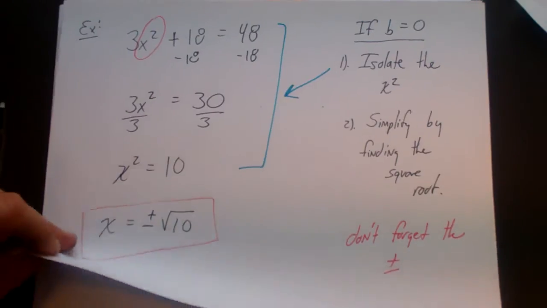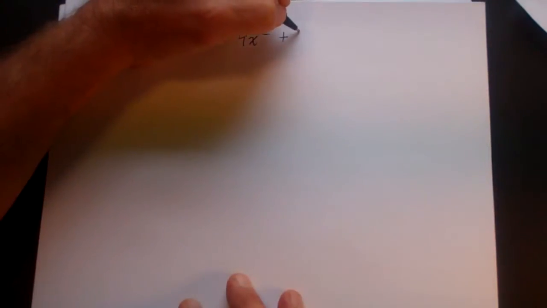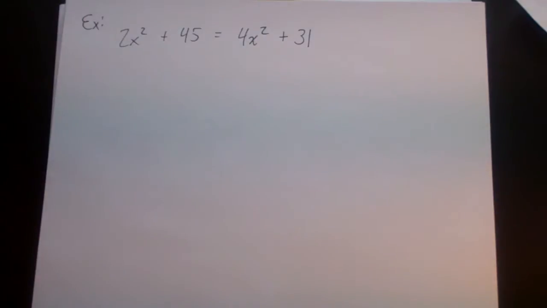Let's do a somewhat more difficult problem. Let's do 2x squared plus 45 is equal to 4x squared plus 31.